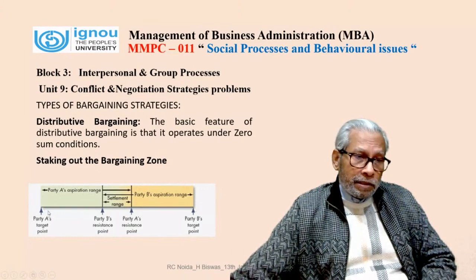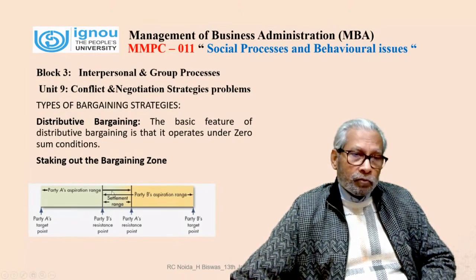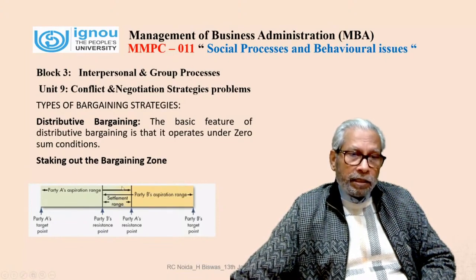Now he has cut down some demands, and finally he is coming here. So this is the settlement range. Somewhere it will finally be fine-tuned, so we can say we have struck the bargaining zone. This is the distributive bargaining strategy.